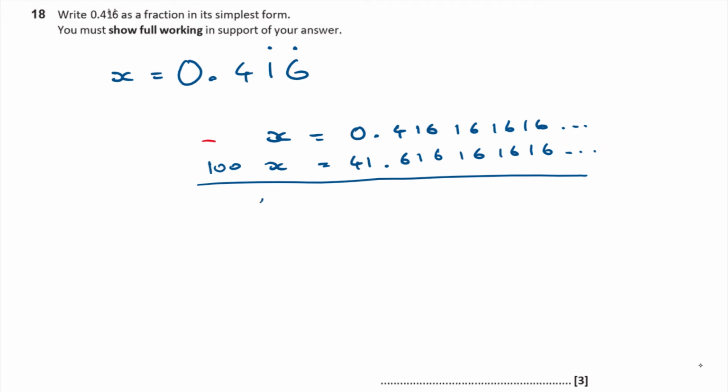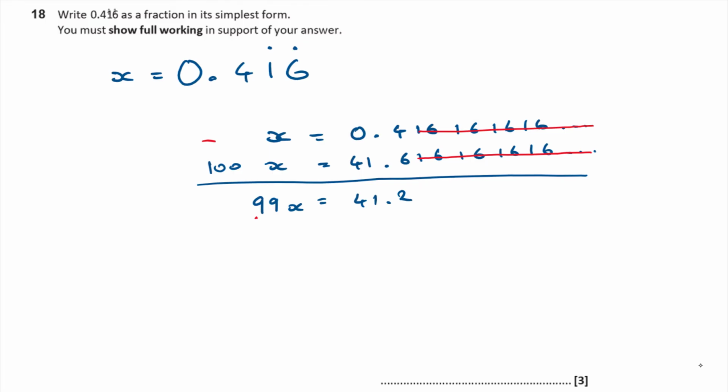That's going to give me 99x. And that is equal to, well, I hope you can see that all this 161616 cancels with all of that 161616. So essentially what I've got is 41.6 take away 0.4, which is going to give me 41.2.